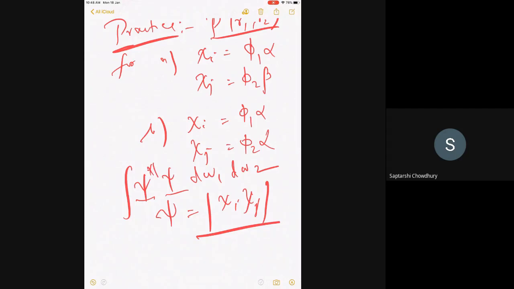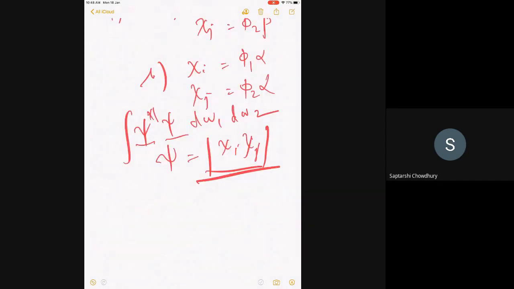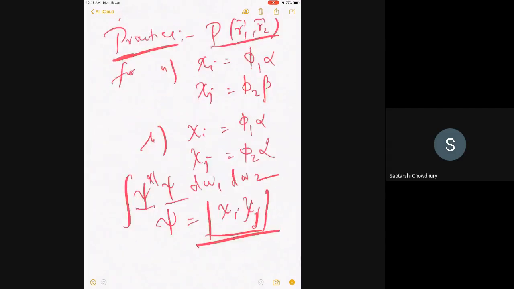So when I do the multiplication, there will be 2 space parts, 2 spin parts, and 4 such terms. This is the only confusion, because you have a determinant here, and a determinant like this, expanded, has a 1 by square root 2 factorial factor. I'm not writing that again. It's just these 2 spin orbitals, chi i and chi j.